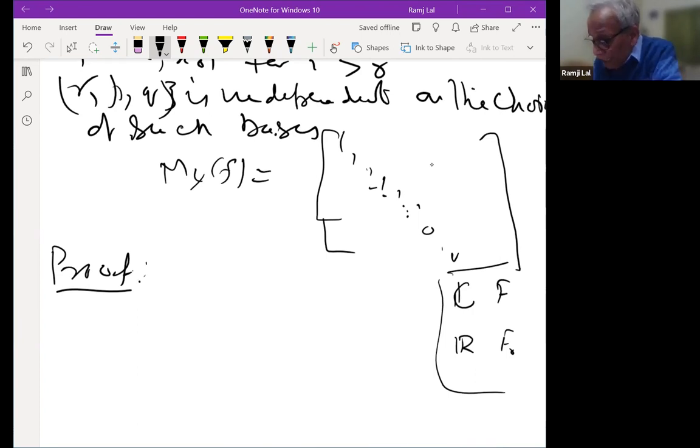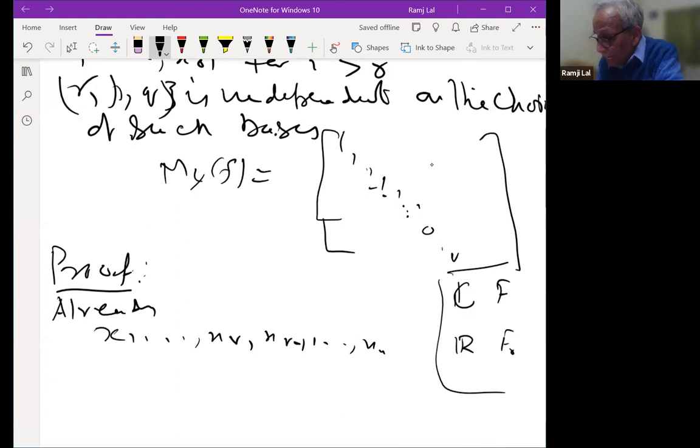So already by the theorem, the field is of characteristic different from 2. So you have this x1, x2, ..., xr and xr plus 1, ..., xn such that f(xi) - some of them will be positive, some of them will be negative.